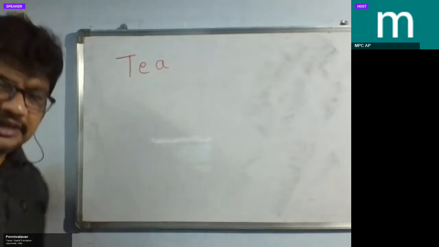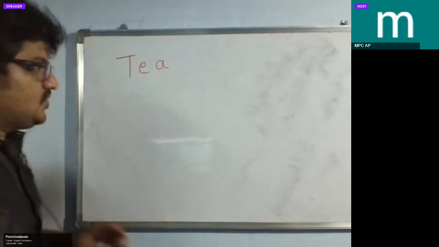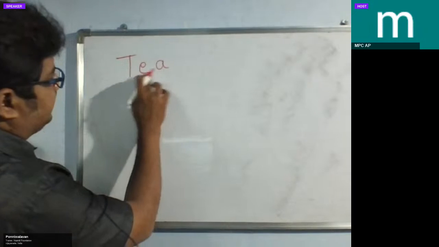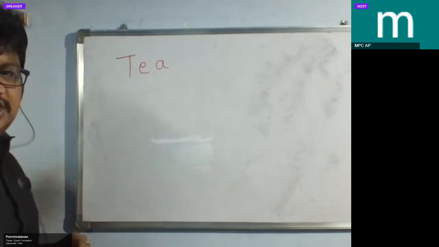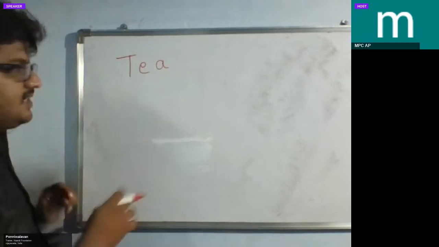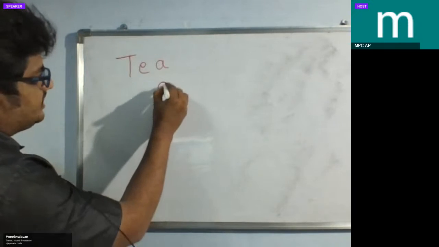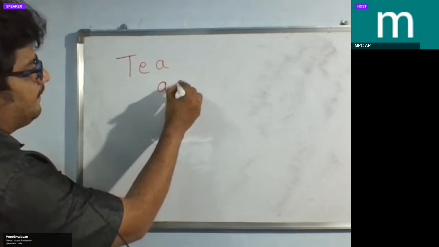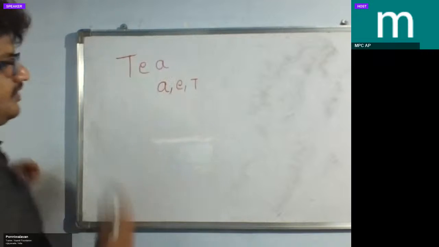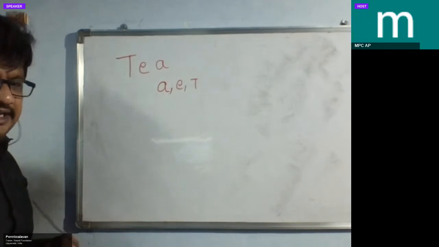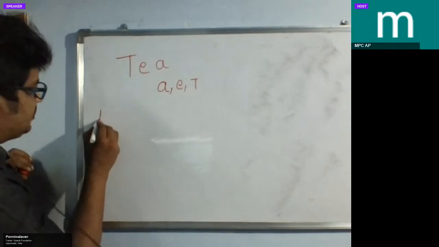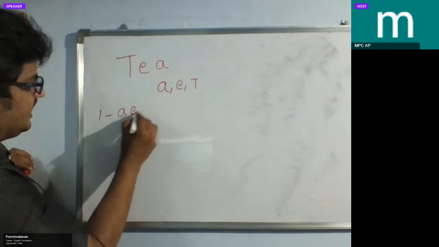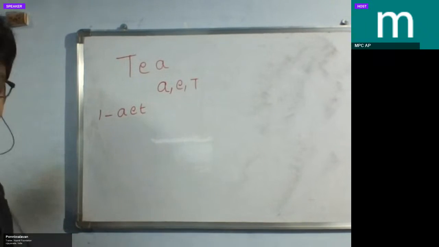What are the letters? A, T, E. First arrange them in alphabetical order: A, E, T. That is the first word.